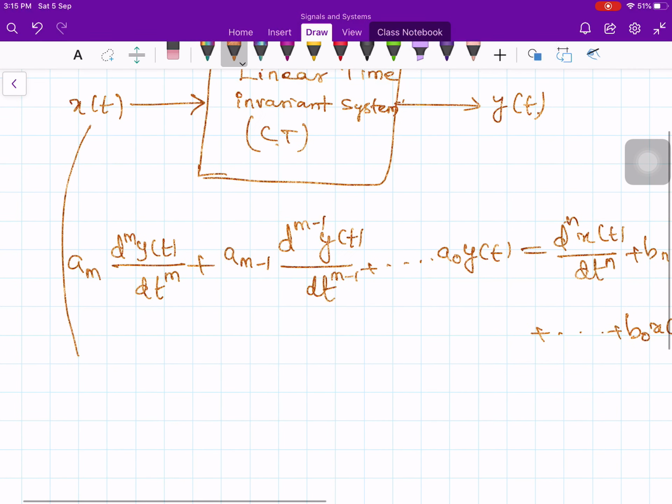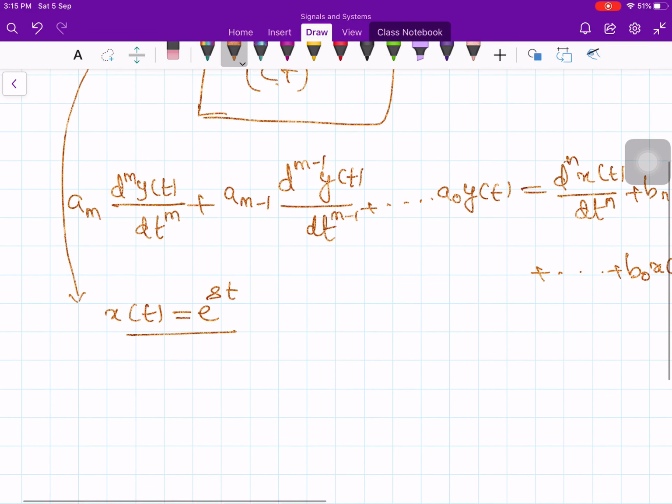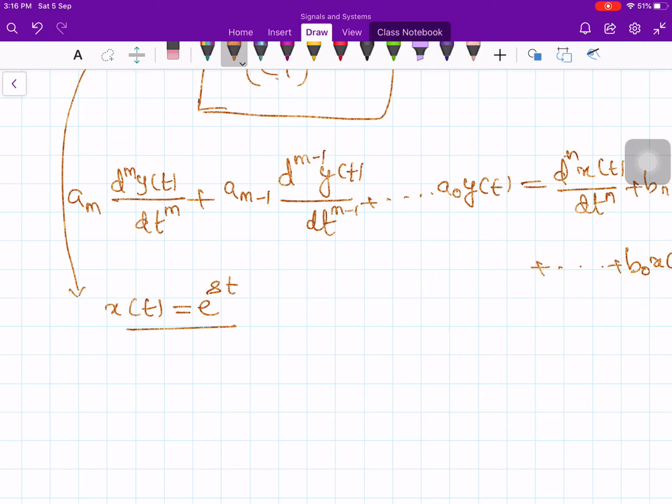In such a system, if the input x of t is of the form e to the st, this we have already discussed, then the forced response will be obtained by taking, instead of the d operator, the equivalent s operator.